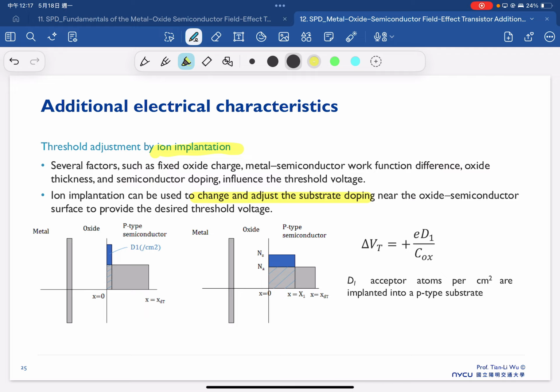So the idea is simple. We just add an additional doping concentration through ion implantation. Then we can adjust our threshold voltage by ΔVT, shown here. This is mainly contributed by the implantation.